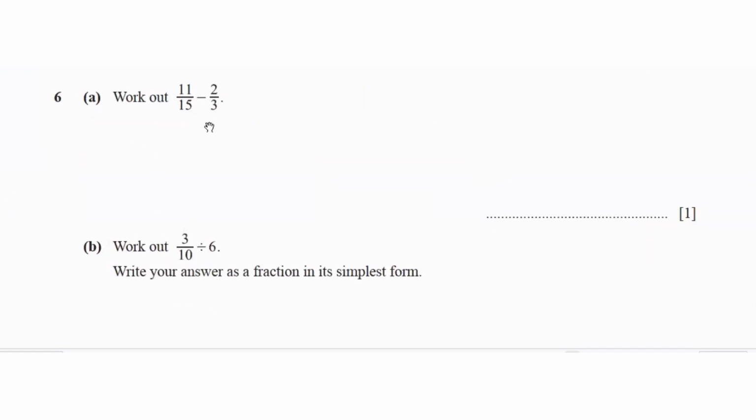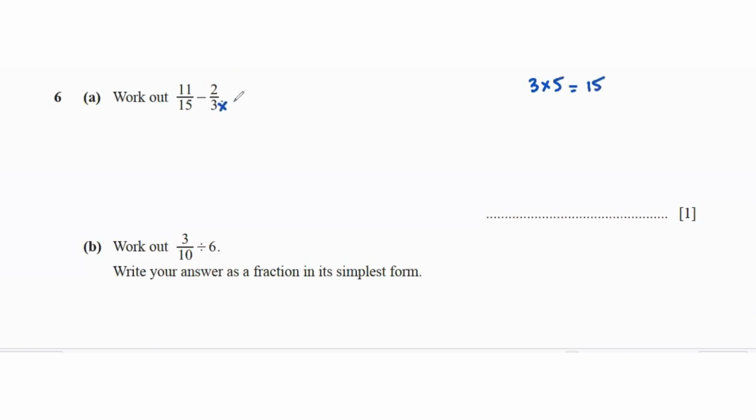Question 6 says work out 11 over 15 minus 2 over 3. Whenever we're adding or subtracting unlike denominators, our first step is to see if the denominators can be made equal. How can they be made equal? In the first case, the denominator is 15, and in the second case, the denominator is 3. We know 15 comes in the 3 times table because 3 times 5 is 15.